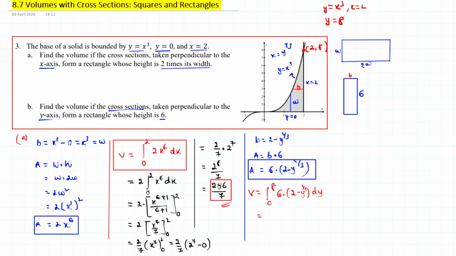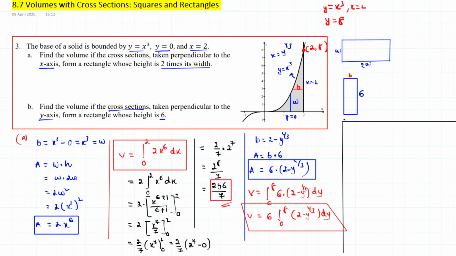Here we can factor out the 6: the integral from 0 to 8 of 2 minus y to the power 1/3 dy. So this is the volume integral, and to find the volume we have to evaluate this definite integral. So V equals 6 times the integral from 0 to 8 of 2 minus y to the power 1/3 dy.